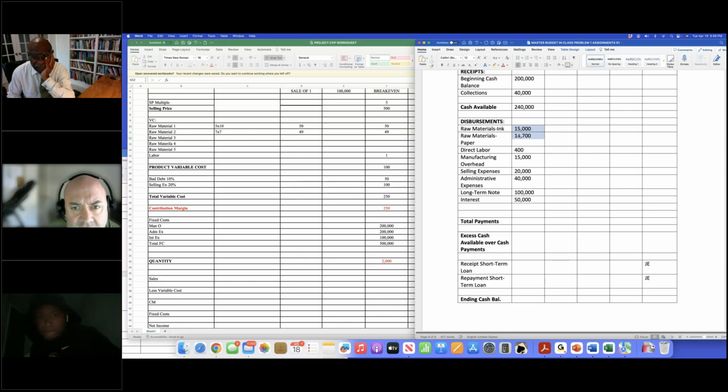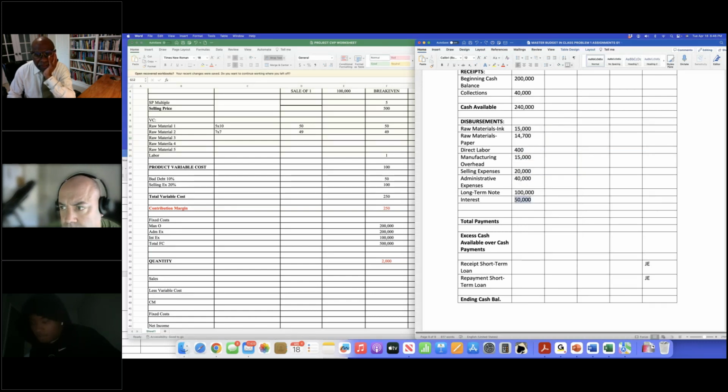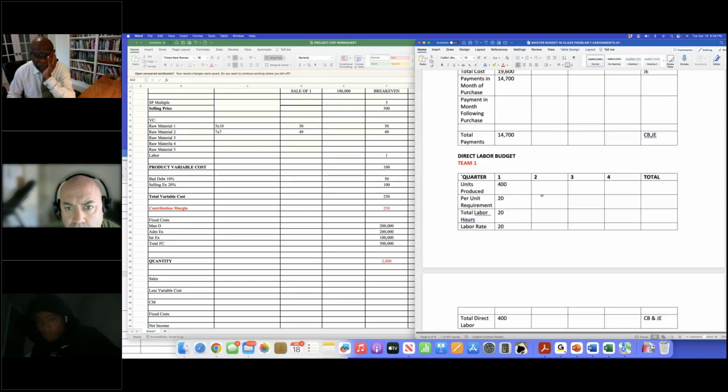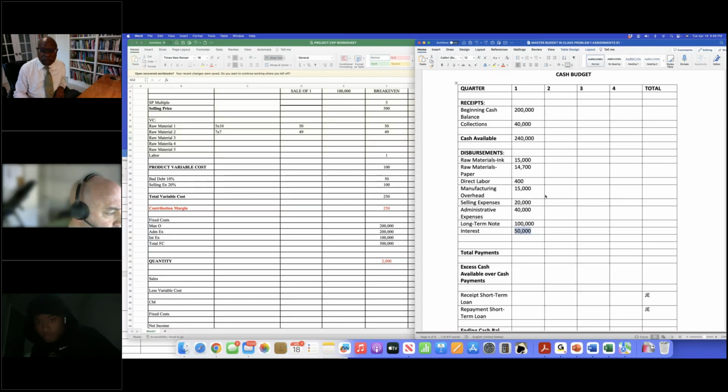Is it 25? Oh yeah, let me cut that out. I think undo. That should be how much? Did I put the wrong number in? 25,000. Okay. So it should be 25,000. Is that correct? Correct.